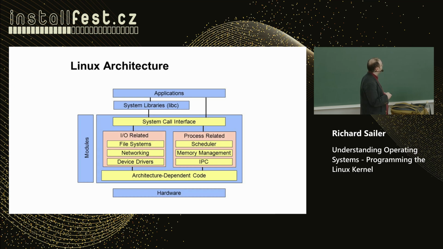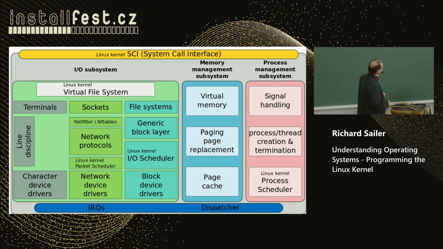Okay, so much about this diagram. This is more or less the same with other colors. You have your system call interface too. You have different subsystems. You have a memory management system I explained before. You have your process management. You have I/O. Sockets I explained before.